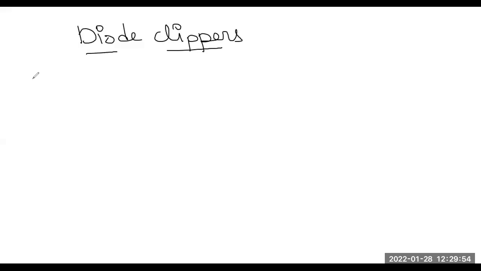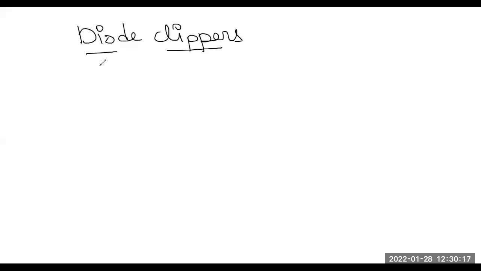So how to define these diode clippers now? All that we have discussed till now, if you put it into a single sentence, we can give the definition of diode clipper. Diode clippers are non-linear wave shaping circuits where a diode is used for clipping purpose.